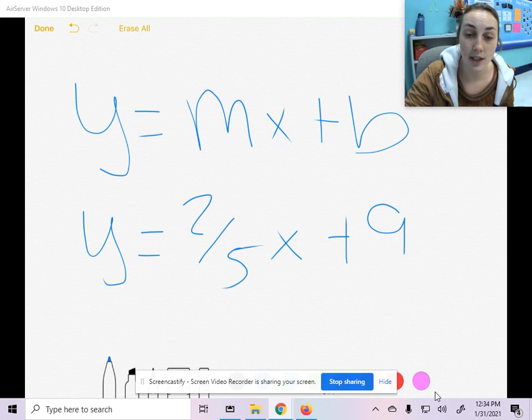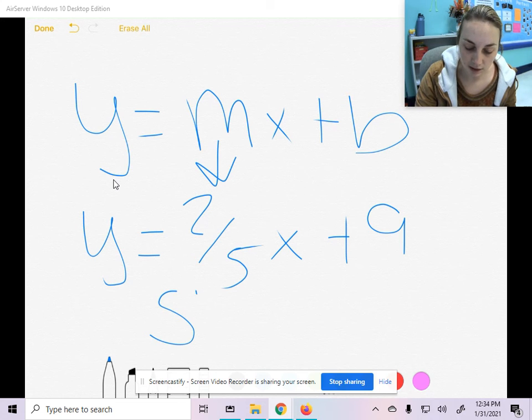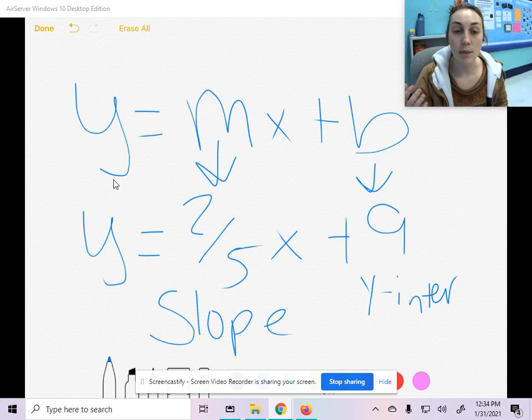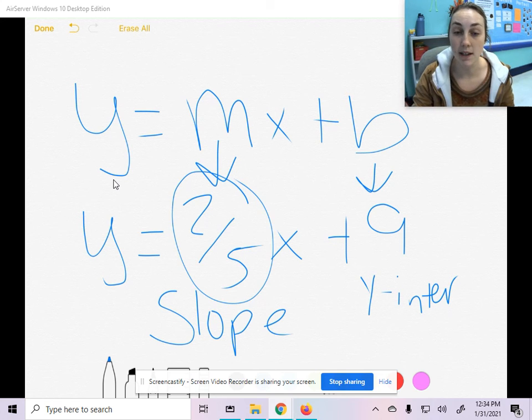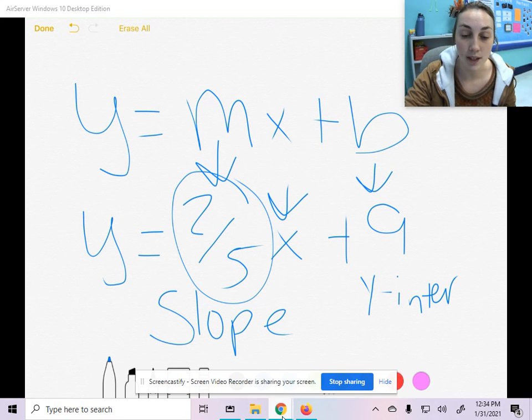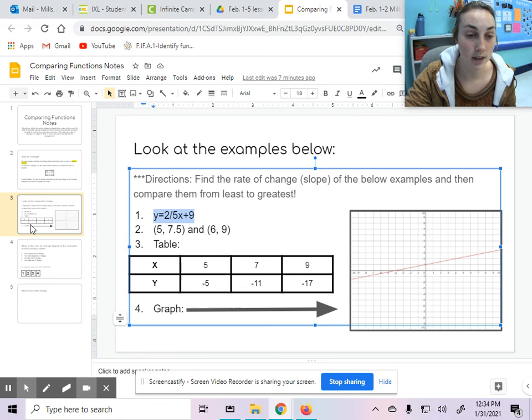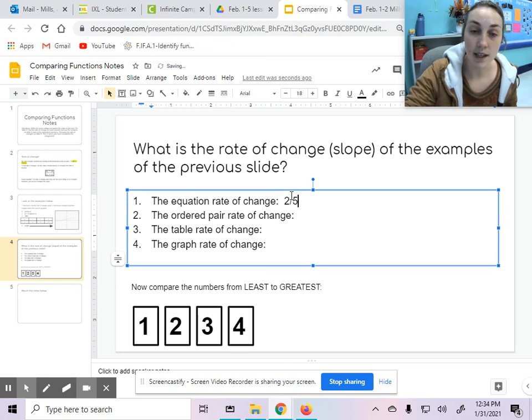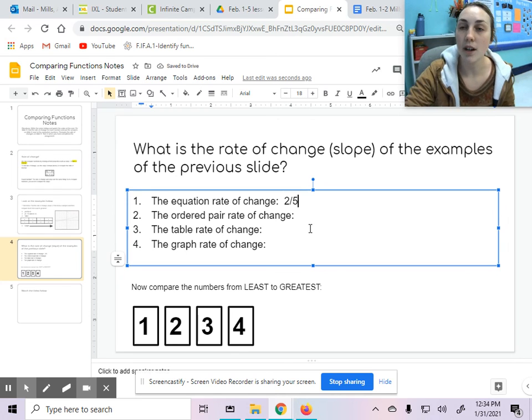So when you have an equation like that, whatever number is where m is going to be your slope, and whatever number is where b is going to be your y-intercept. In this problem, our slope is going to be 2/5 because that is where the slope is in the equation. It's always right next to this little pesky x. So the slope of this equation is 2/5. Now we can go back to our function notes and type in 2/5. That's our slope or the rate of change of that equation.